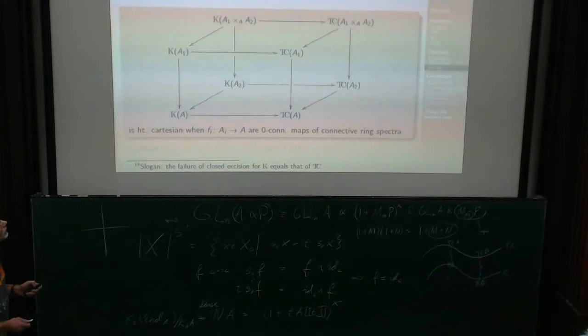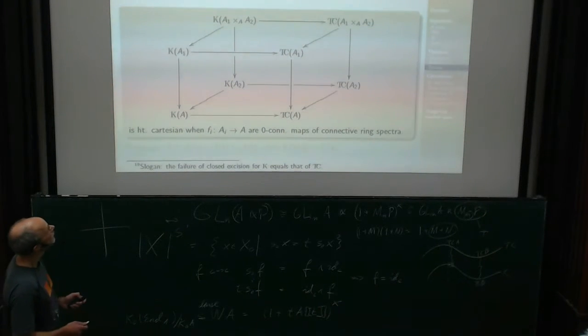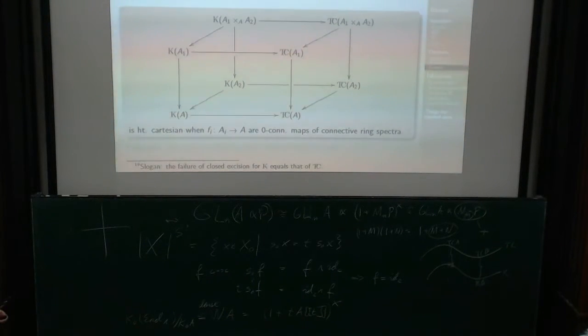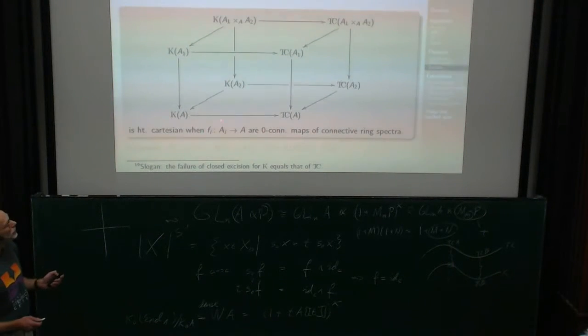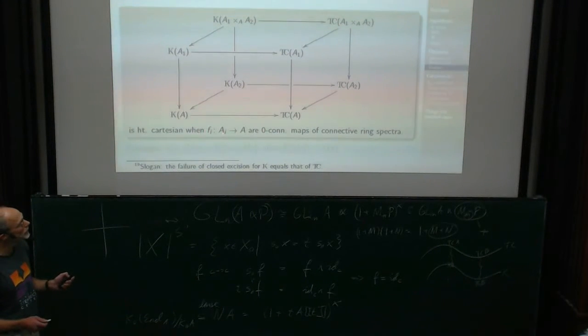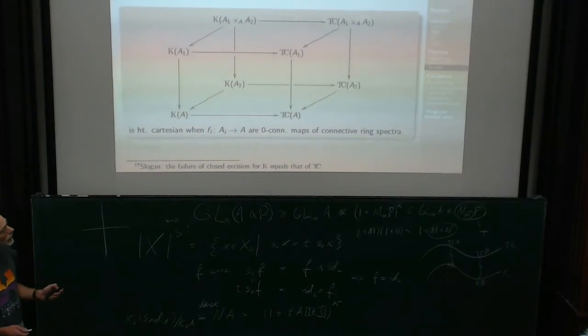The second thing is due to Geisler and Hesselholt in 2011, building on work of Cortiñas, who did the rational case. So assume that you have two maps, A1 and A2 to A, that are surjective on pi naught.